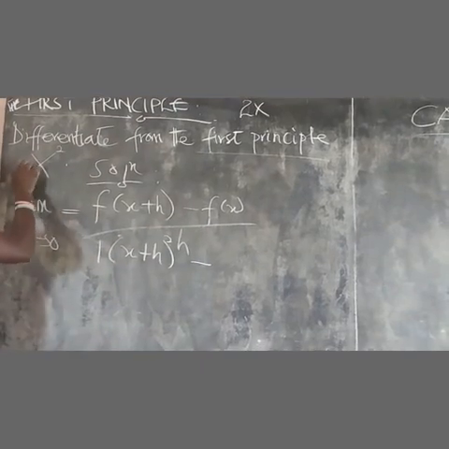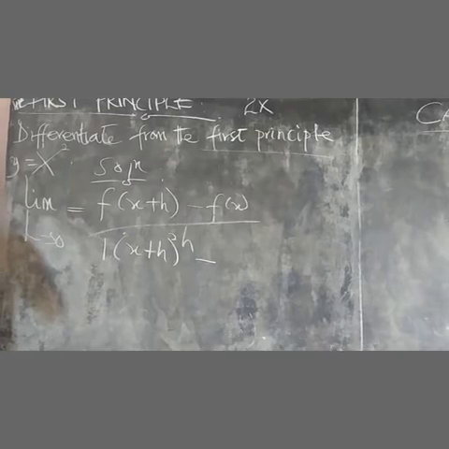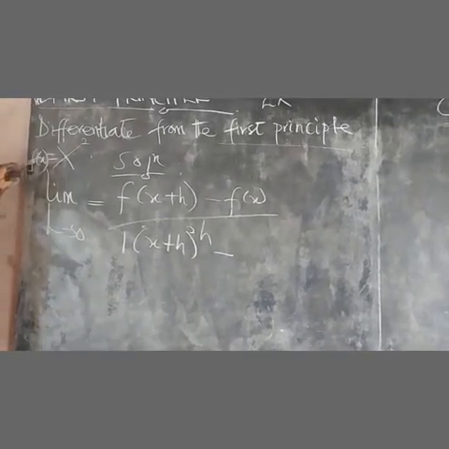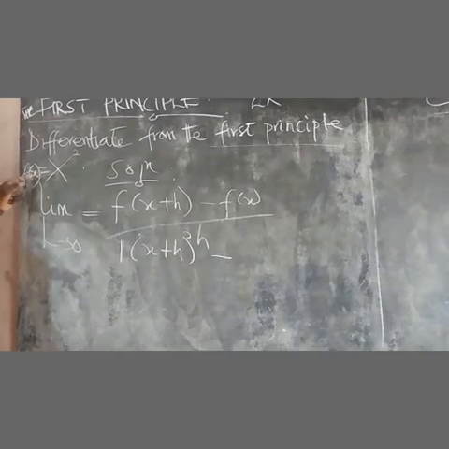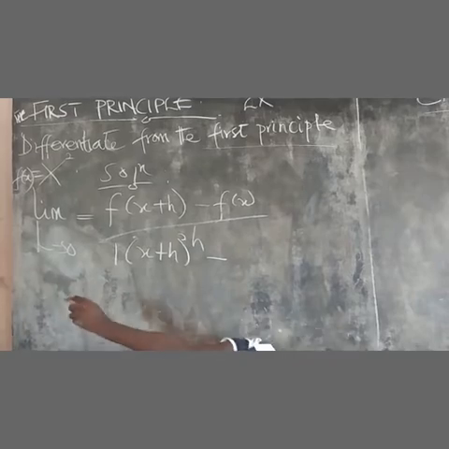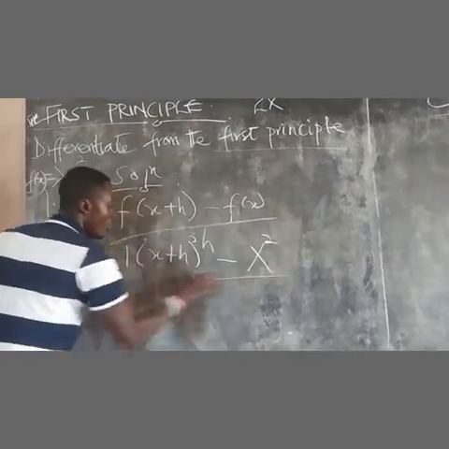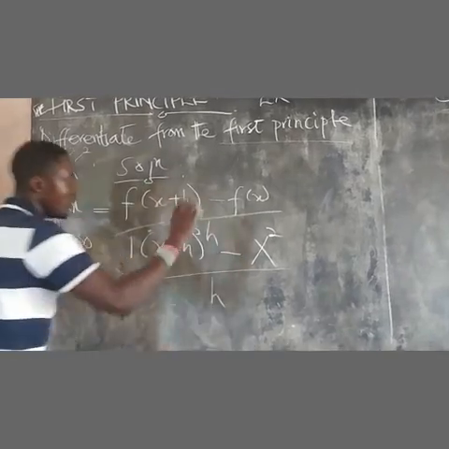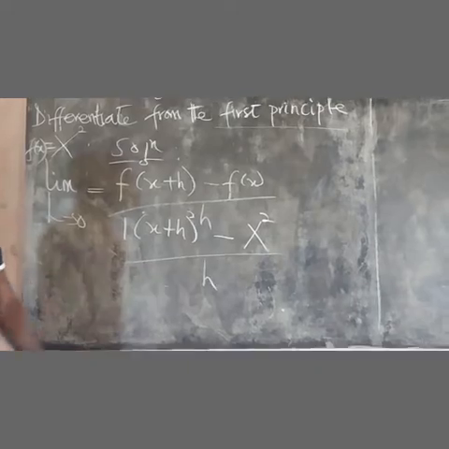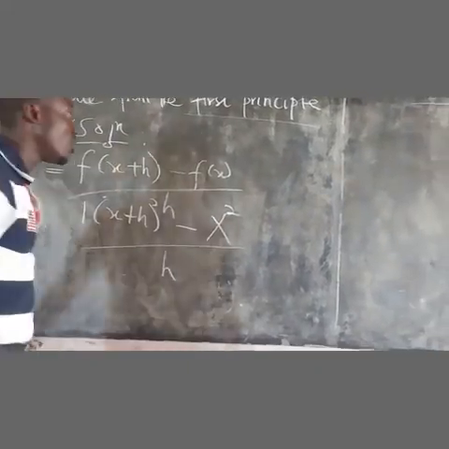Let's say y is equal to f of x. f of x is the function, so you just write x squared there, all divided by h. So now we have x plus h squared minus x squared, all over h.